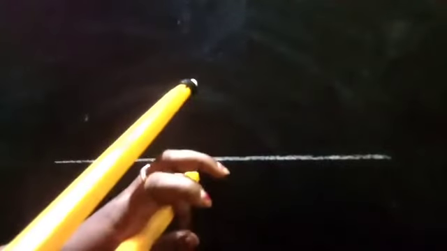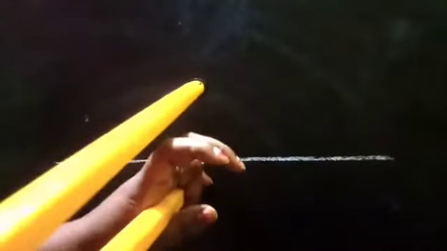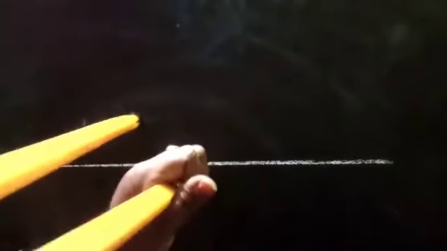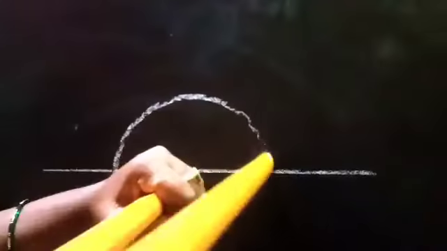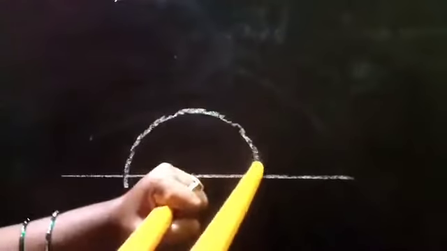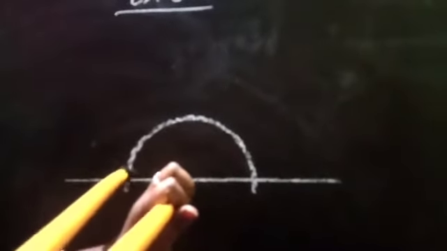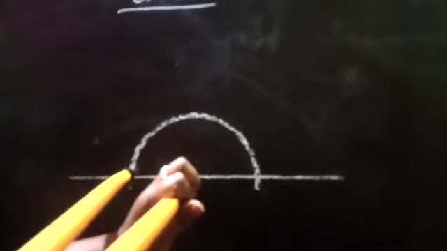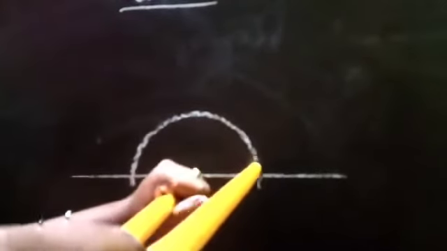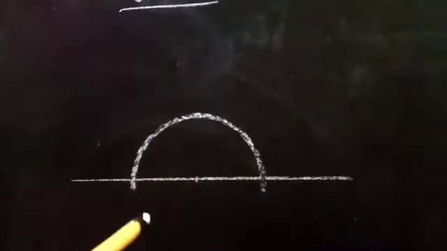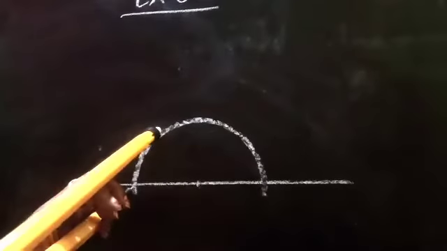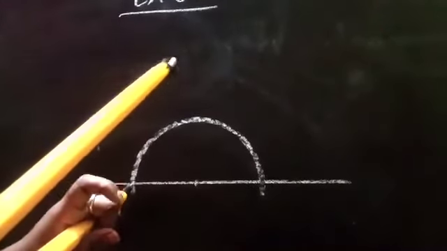Semicircle or half circle, same. So draw the semicircle first. Keep the same measurement for both sides also. Semicircle means here also it should be cut the same. Again from here also it is the same. Then from here we can adjust the length.